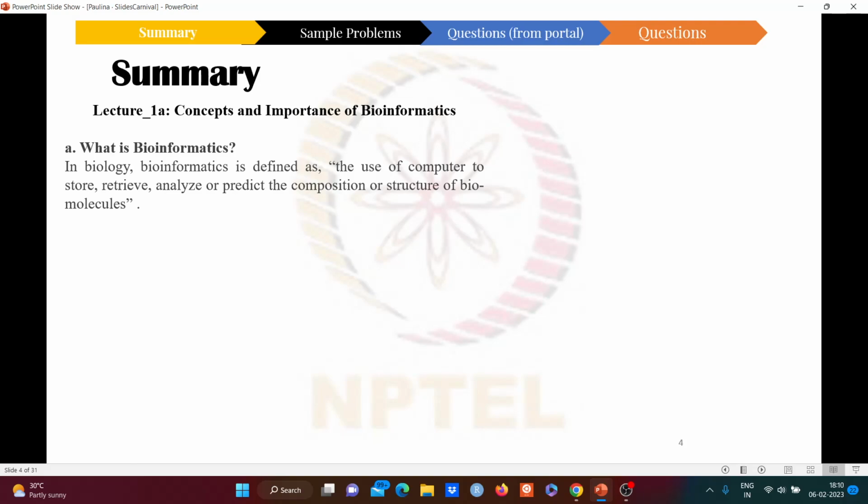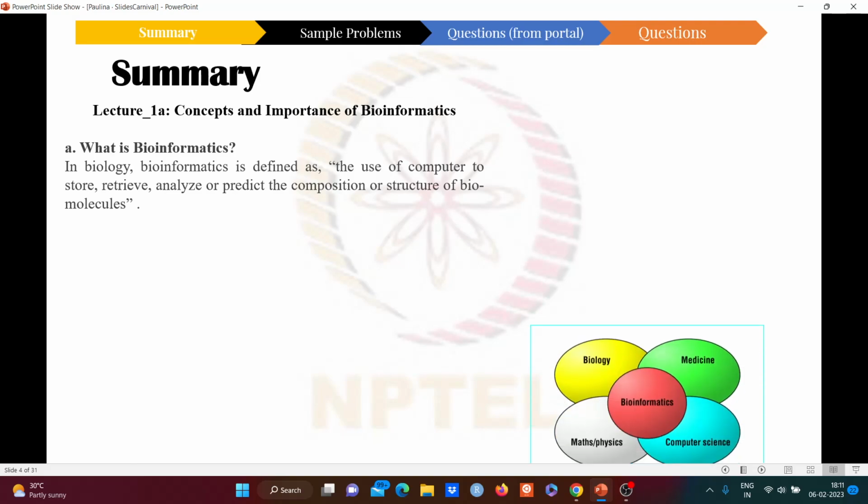In the summary, I'll be discussing lecture 1A. This lecture provides an overview of bioinformatics, different aspects of bioinformatics and applications of bioinformatics. Before discussing, I'll start with what is bioinformatics. Bioinformatics is an interdisciplinary field that develops methods and software for understanding biological data, in particular when the data sets are large and complex.